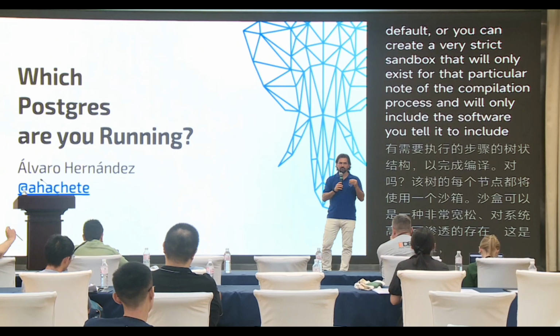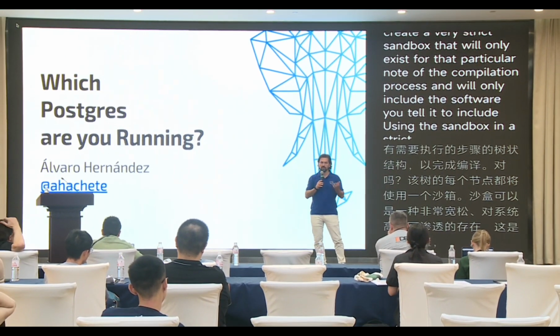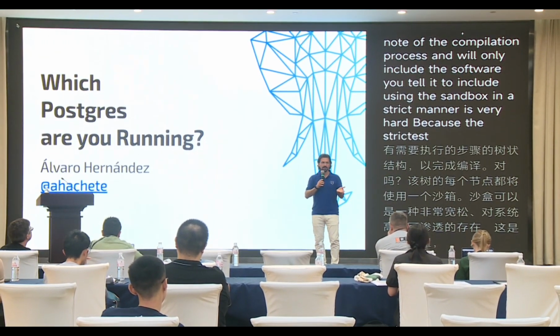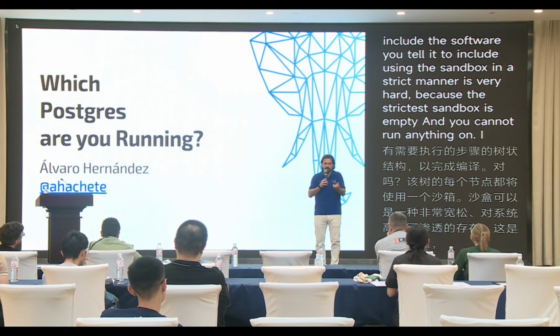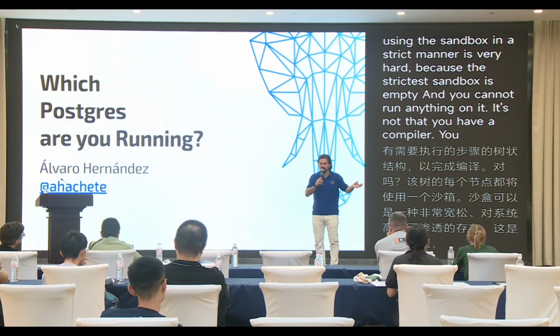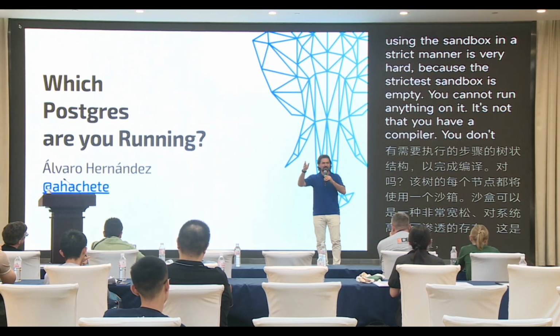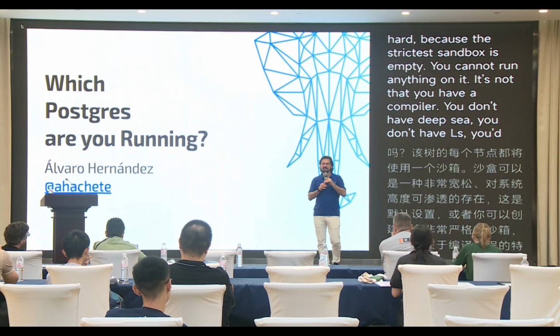Using this sandbox in a strict manner is very hard because the strictest sandbox is empty and you cannot run anything on it. You don't have a compiler, you don't have libc, you don't have ls, you don't have cp to even copy the results of the binary, right?